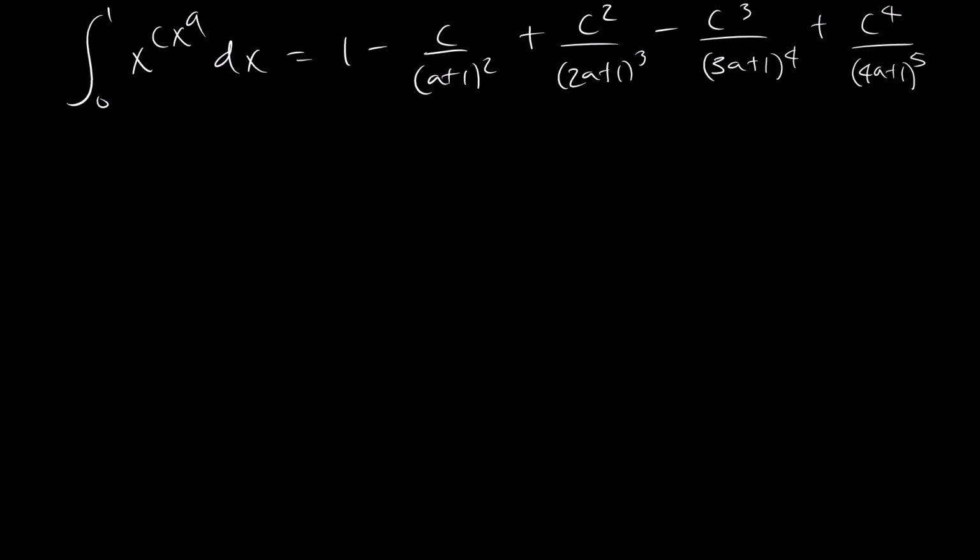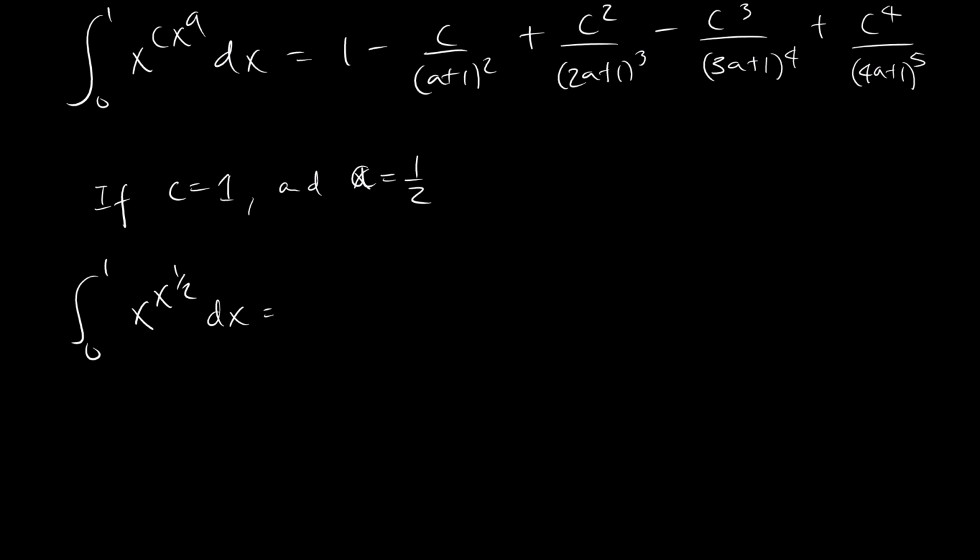What if, for example, we say that c is equal to 1 and a rather is equal to a half. So in other words, 0 to 1, x to the power x to the half, which is also equal to 0 to 1, x to the power square root of x.